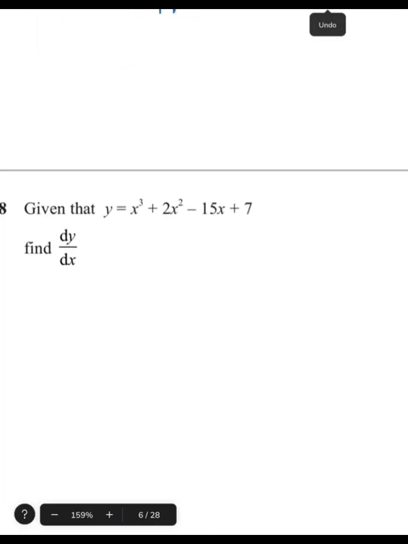This question is saying, given that y equals this, find dy by dx.